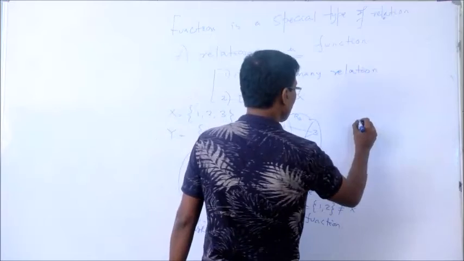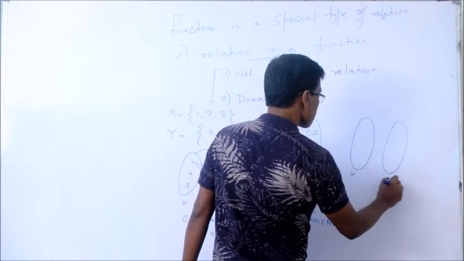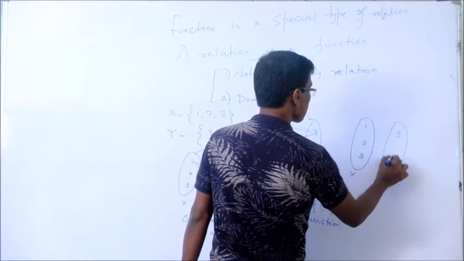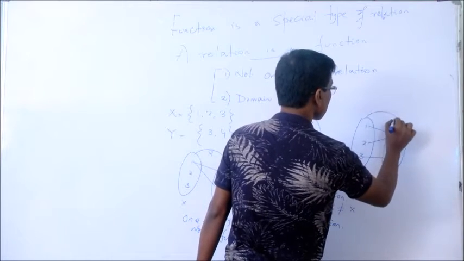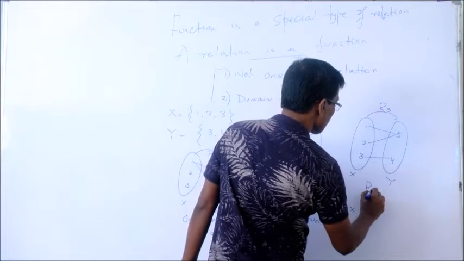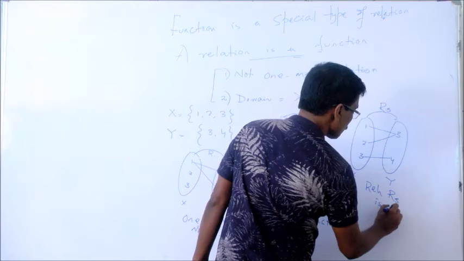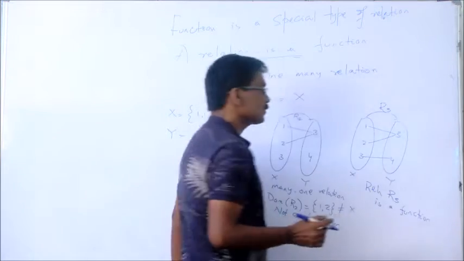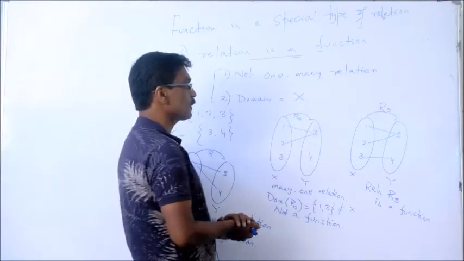Now, we take one more example, x to y. Obviously, relation R3 is a function. This relation is a function because it satisfies both the conditions.